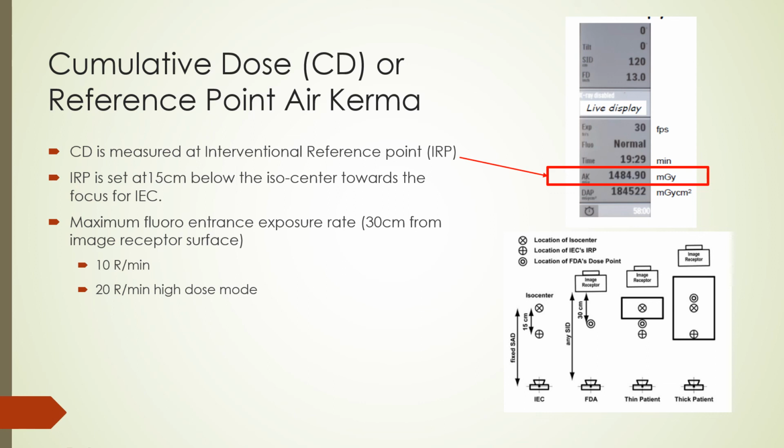There are state and federal regulations governing maximum entrance exposure rates. Maximum fluoroscopy entrance exposure rate should be less than 10 Röntgens per minute in normal mode or 20 Röntgen per minute in high dose mode at the point where the center of the useful beam enters the patient. This point is standardized to be 30 centimeters from the surface of the image receptor.